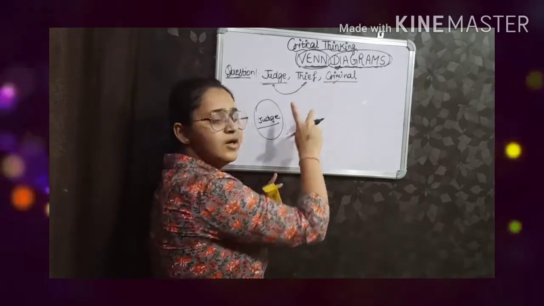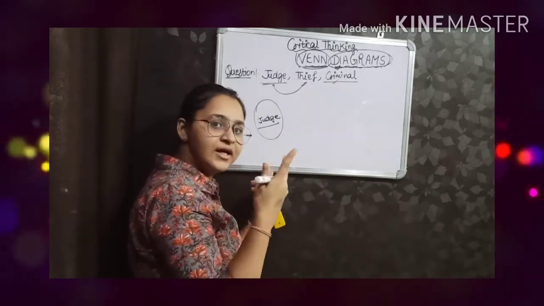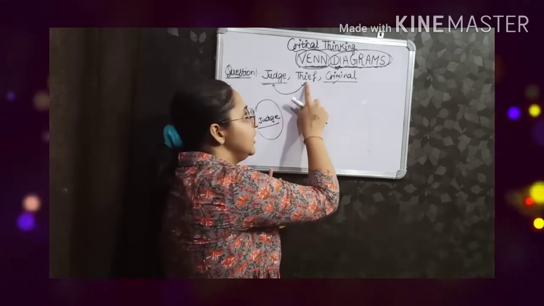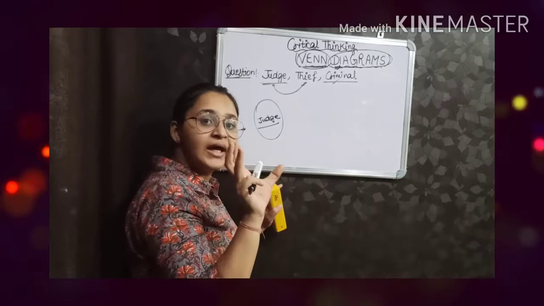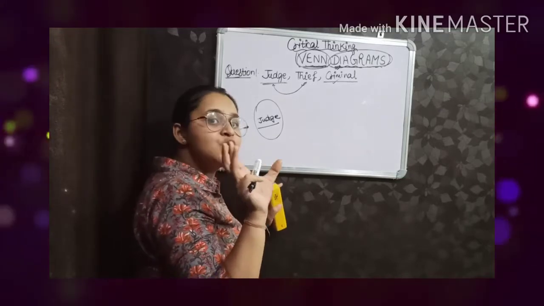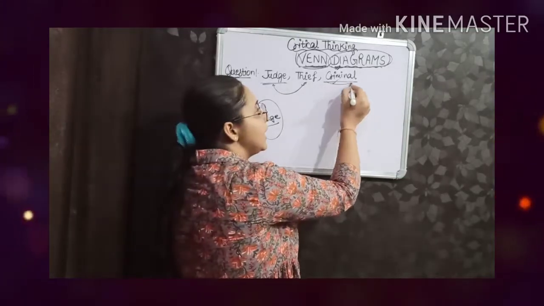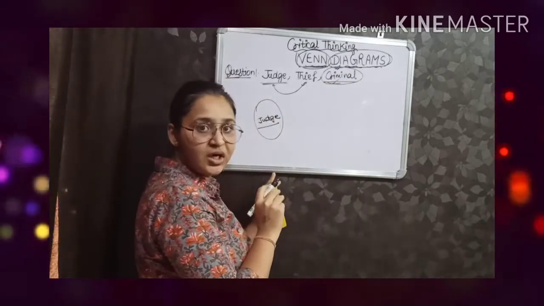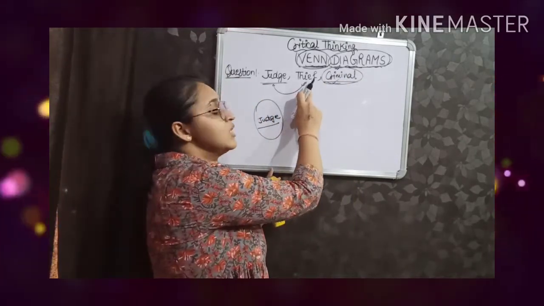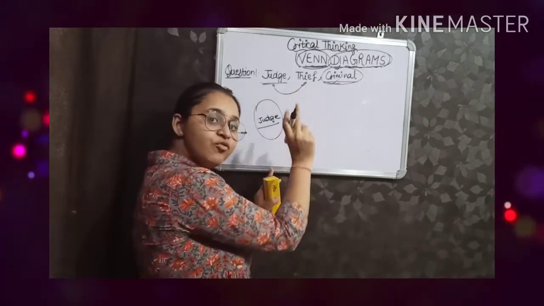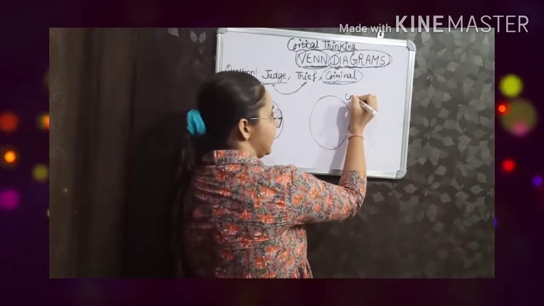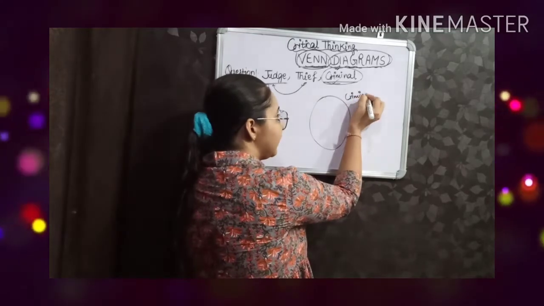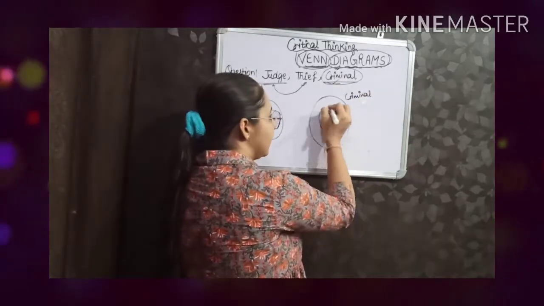What about their relation? Is there any relation? Yes. Why? Because thief can be a criminal. So it means criminal is a bigger collection that includes thief also. So we are making this circle as criminal, and in criminal thief will come.